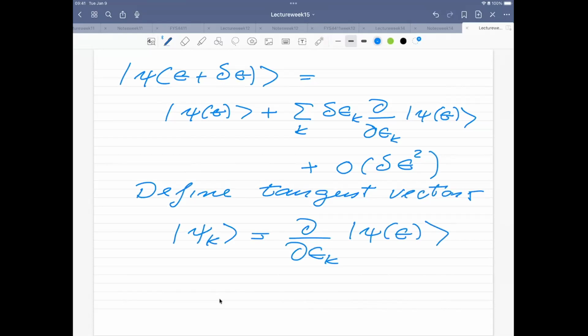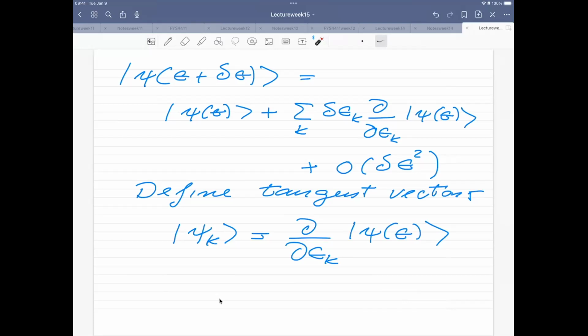So that means that I can rewrite that term here in terms of this quantity psi of k. So I can replace this one with psi of k here. Okay, so this is just a notation which I'm introducing.